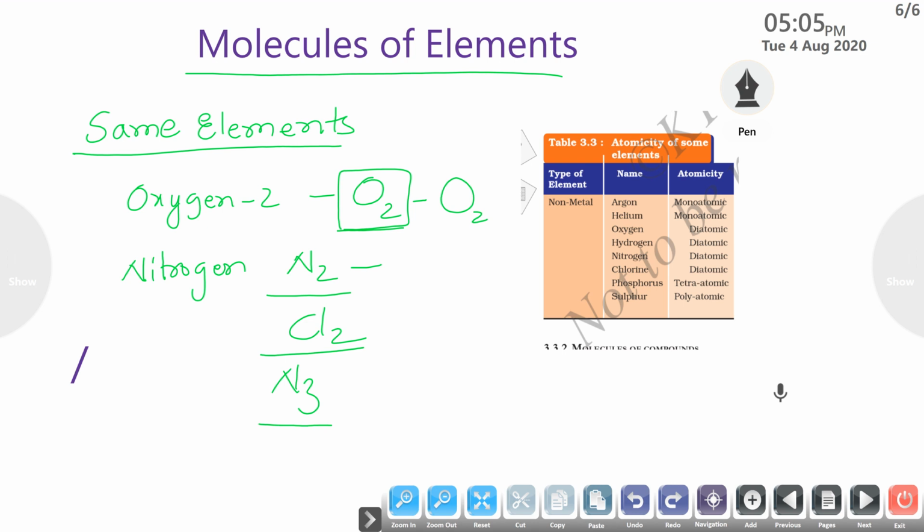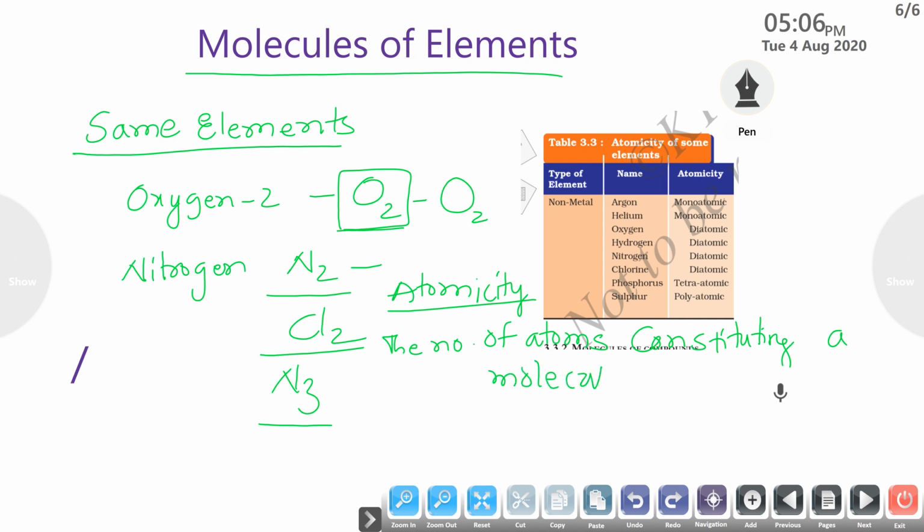Here we can observe an important word, atomicity. Just focus here. What is atomicity? The number of atoms constituting a molecule is known as the atomicity of that element.